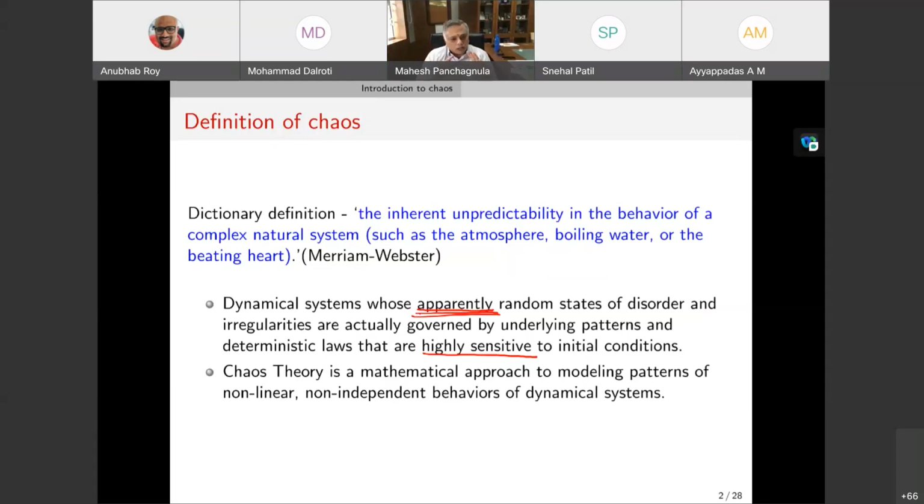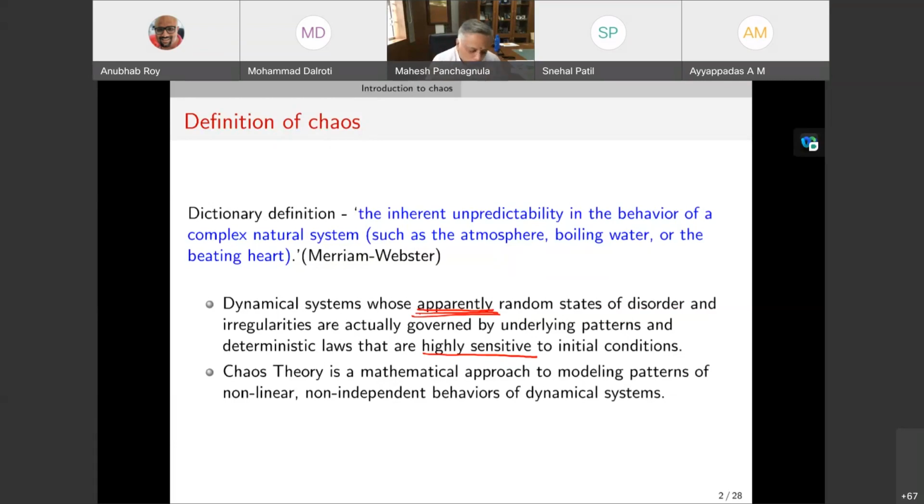So the whole underlying framework of chaos is a system which is governed by the laws of dynamics, but this sensitivity to initial conditions causes a certain randomness to apparently be manifest. So chaos theory is the mathematical approach to modeling patterns in such dynamical systems.